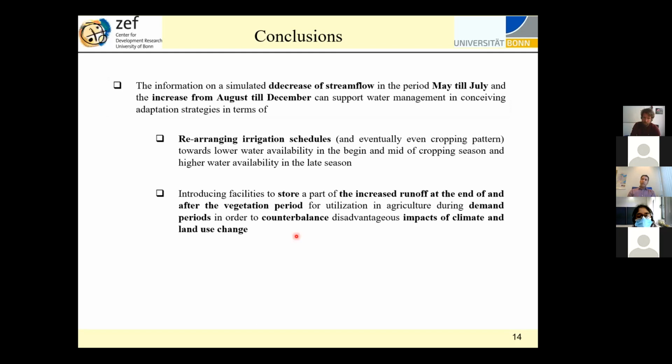Similarly, in order to store the surplus water that we receive during these two periods, we need storages, dams or reservoirs in order to store this water and maybe pump it out during the peak demand period. So this is one of the steps that could be taken in order to tackle the climate change issue, and also to counterbalance the disadvantageous impacts of climate change and land use change, because we are moving generally towards urbanization.